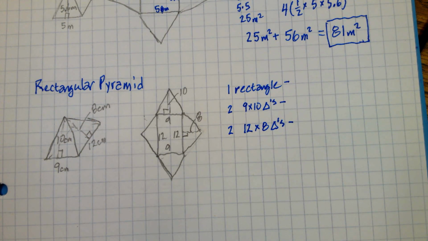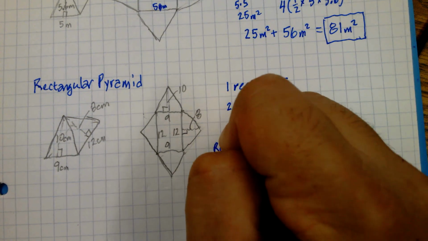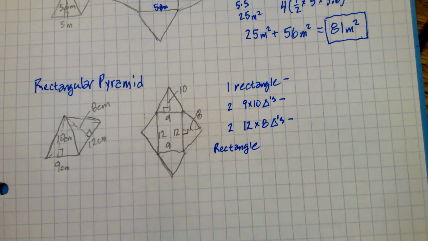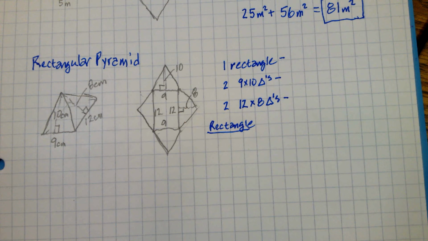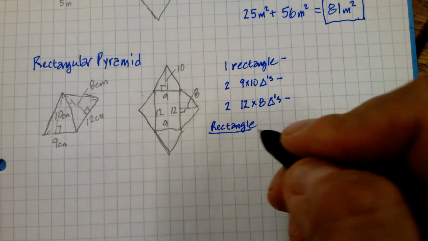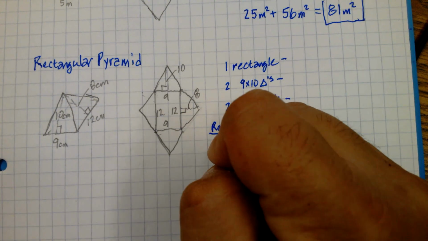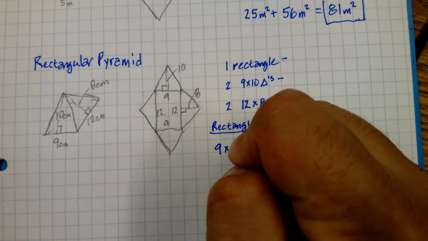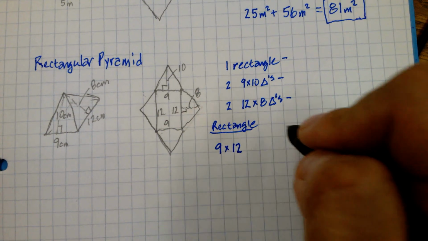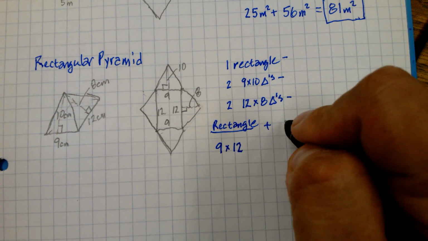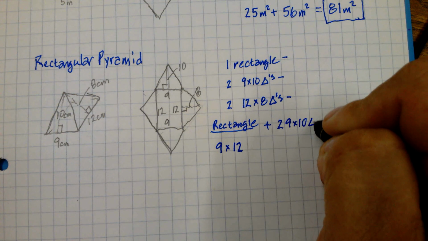All right. So let's calculate these, starting with the rectangle, the easy one. What do I do to calculate the area of the rectangle? So that would be 9 times 12. Okay. And then we're going to do the two 9 by 10 triangles.